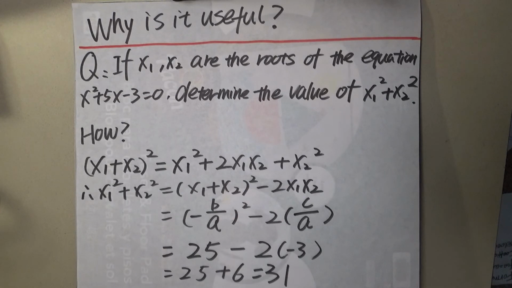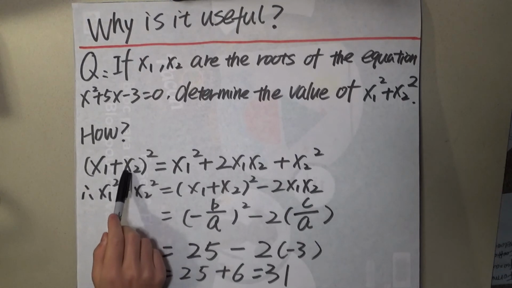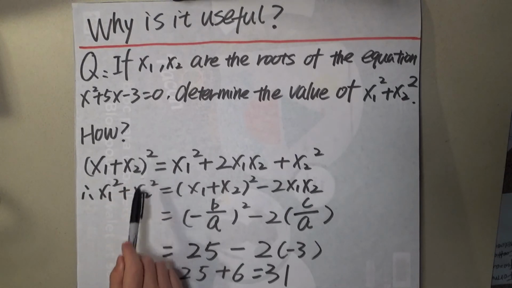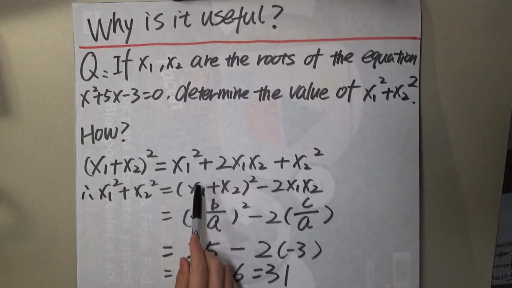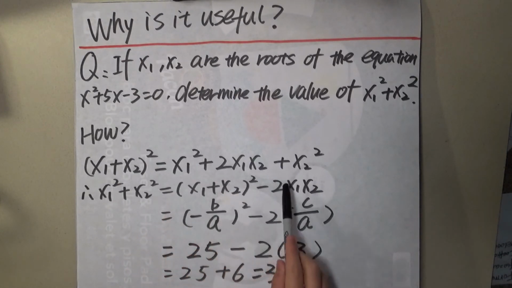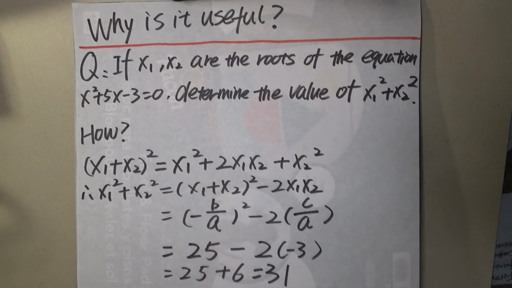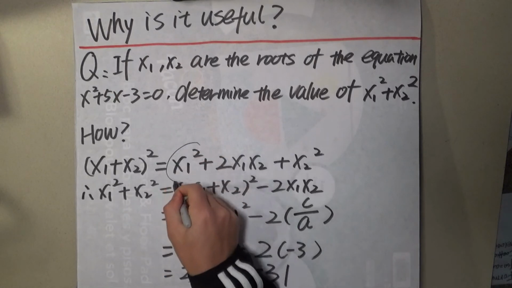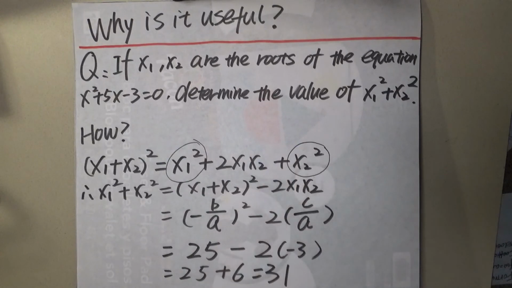What we find interesting is that the sum x1 plus x2, squared, is equal to x1 squared plus 2 x1 x2 plus x2 squared. And x1 squared plus x2 squared is the answer we want.